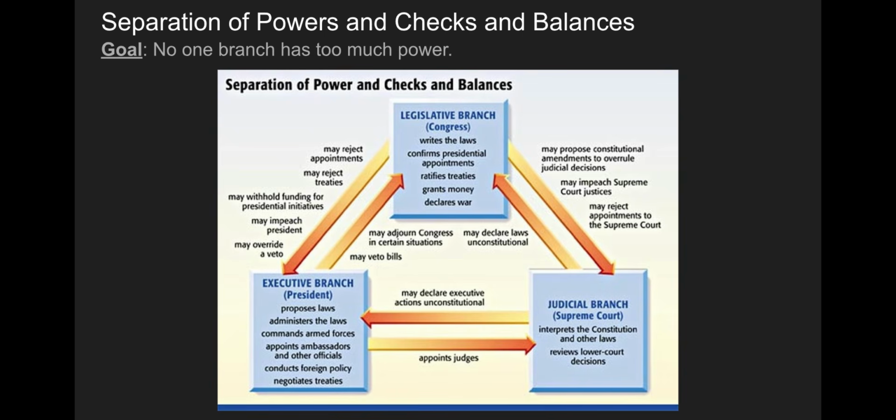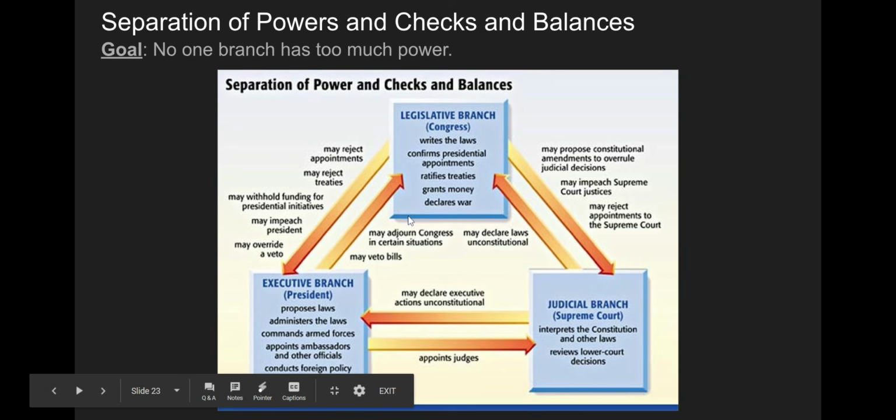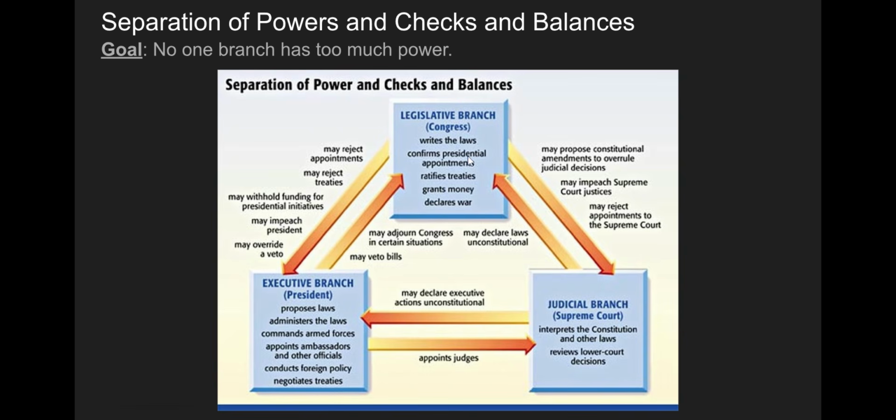But even if the legislative branch writes a law, and the executive branch approves it, signs off on it, still the judicial branch can actually declare it unconstitutional. So it all comes back. The president has the power to pick justices who go on the Supreme Court, but the legislative branch might reject that choice.